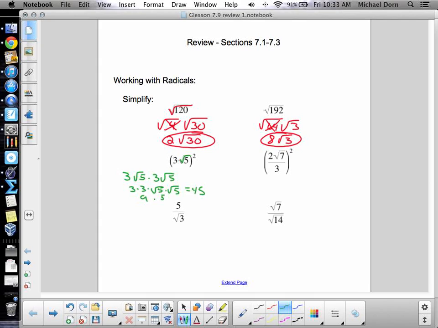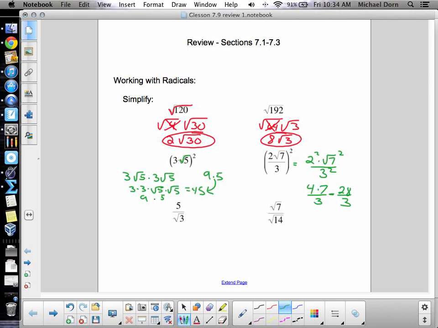What we'll normally do is say this is 3 squared times root 5 squared. 9 times 5, 45. And if I have 2 root 7 over 3, again, same idea. That's 2 squared times root 7 squared over 3 squared. 2 squared is 4. Root 7 squared is 7. So 28.